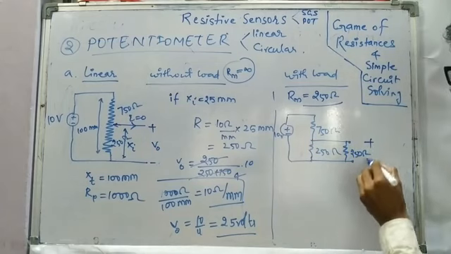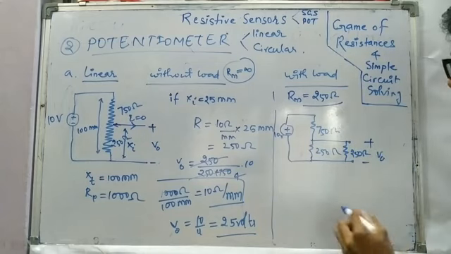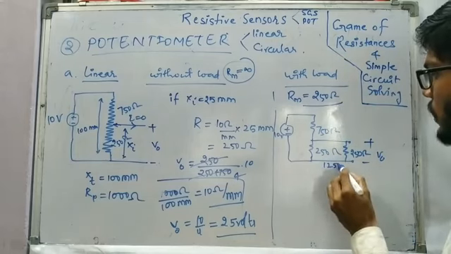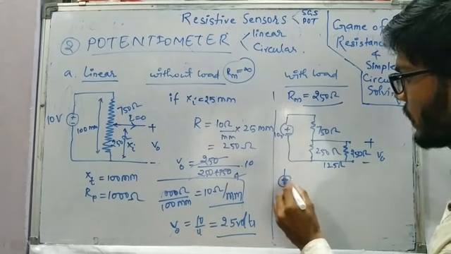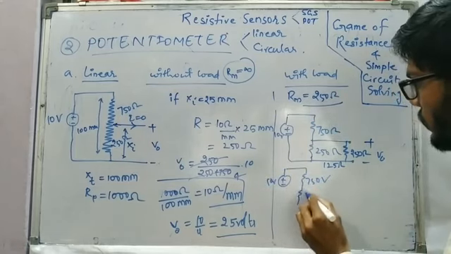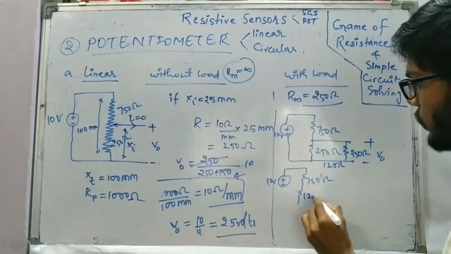Now we'll have to calculate the output voltage. First we'll have to simplify this. 250 in parallel with 250 is going to be 125 ohm. So it will look like 10 volt, 750 ohm, and this will be 125 ohm.